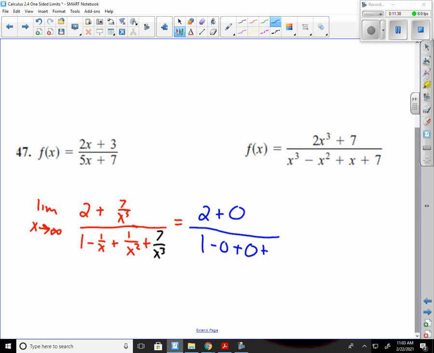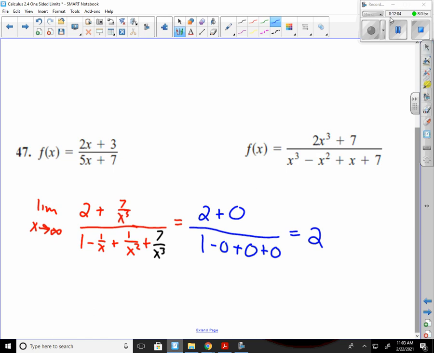So that is also 0. My final answer is 2 over 1, which is just 2. So that's where we leave that one.